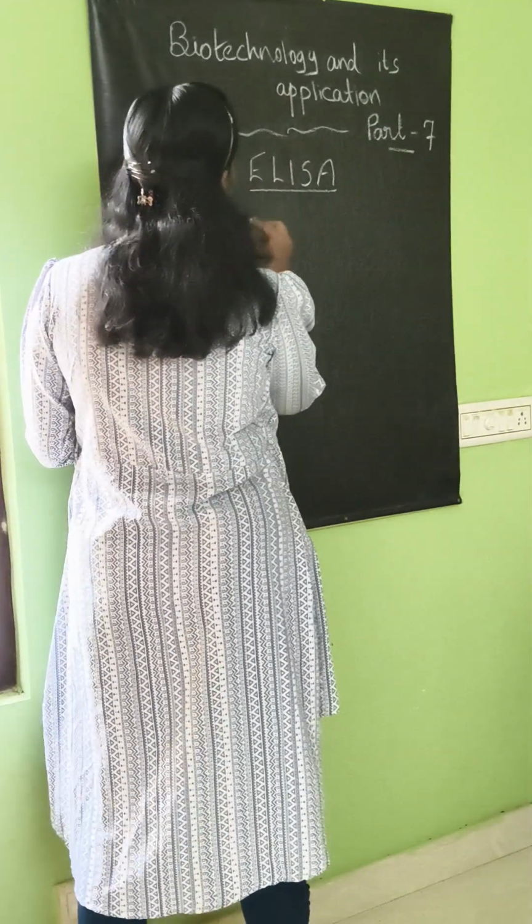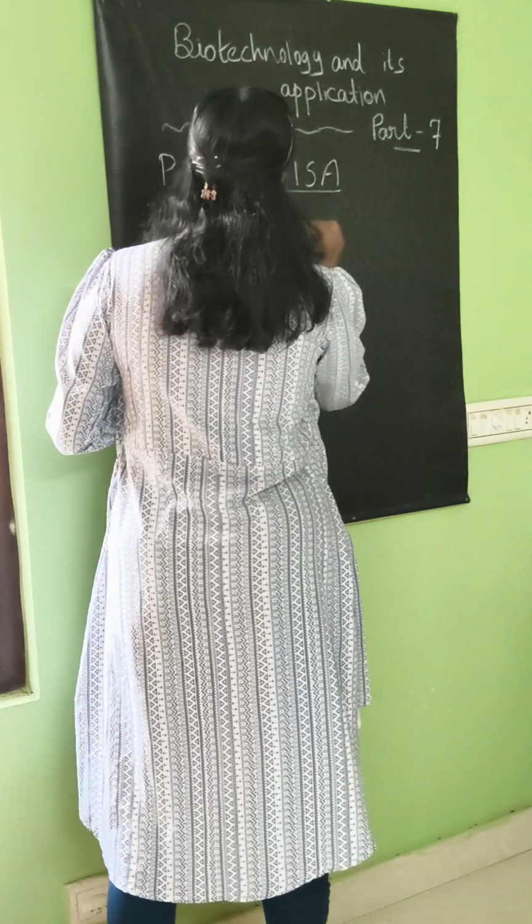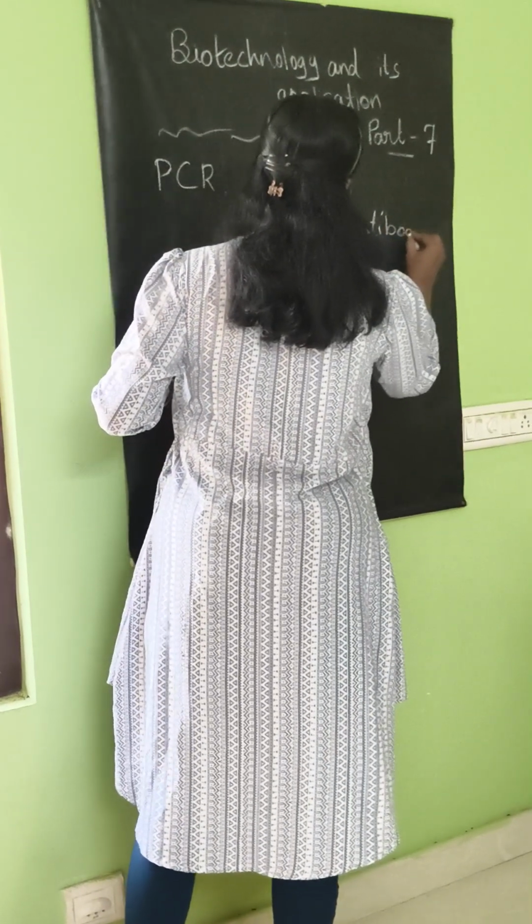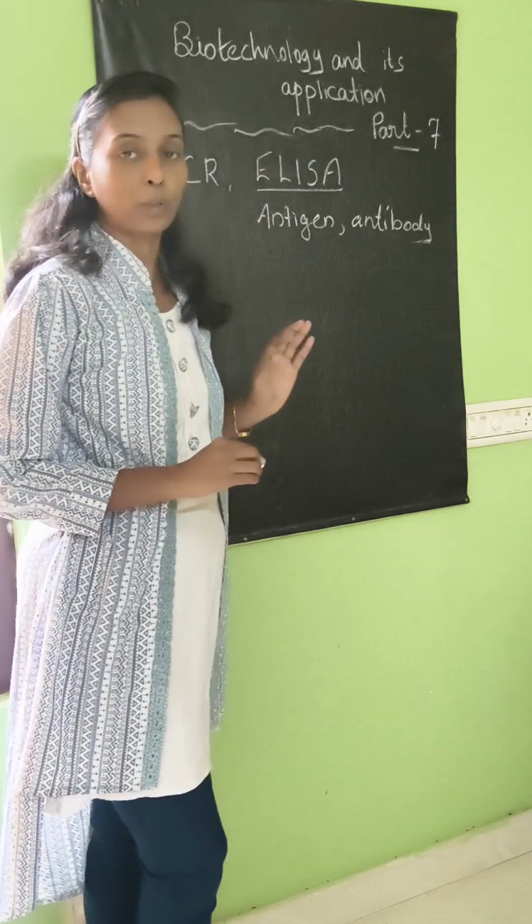Antigen antibody reaction. So what happens here? Either we can insert the antibody into the patient's body. If the antigen is there, there will be a reaction between the antigen and antibody, so that we can detect the pathogen in the body.